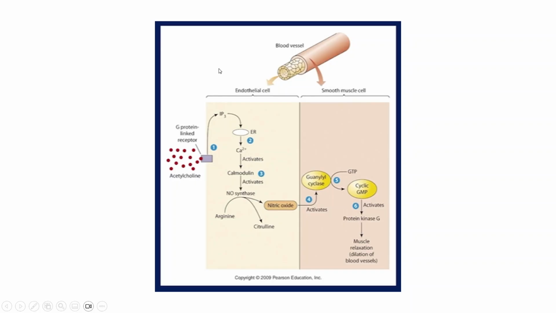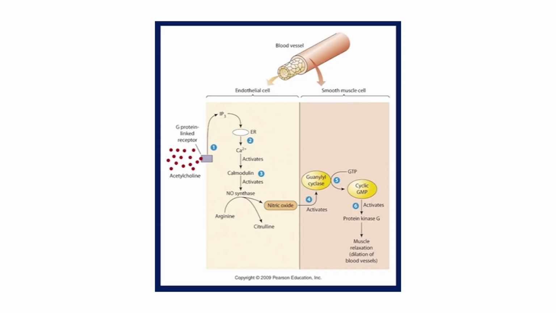In that case, you have a cascade where intracellular calcium levels increase because they're released from the ER. This activates calmodulin, which will then activate the enzyme NOS, nitric oxide synthase. This works on the raw material arginine, which is just an amino acid, and then you get nitric oxide, which is a diffusible product.